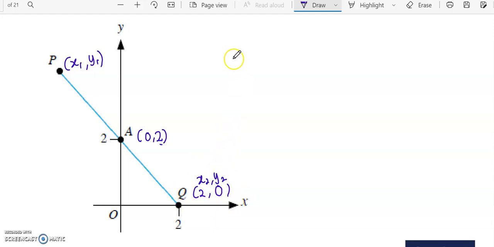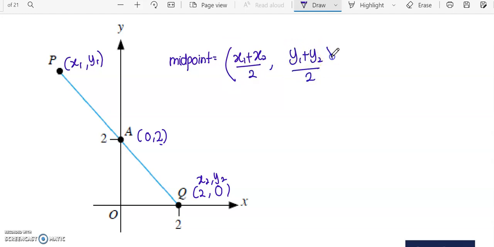So we substitute into the midpoint formula, which is x1 plus x2 divided by 2, y1 plus y2 divided by 2. The midpoint here is (0, 2).